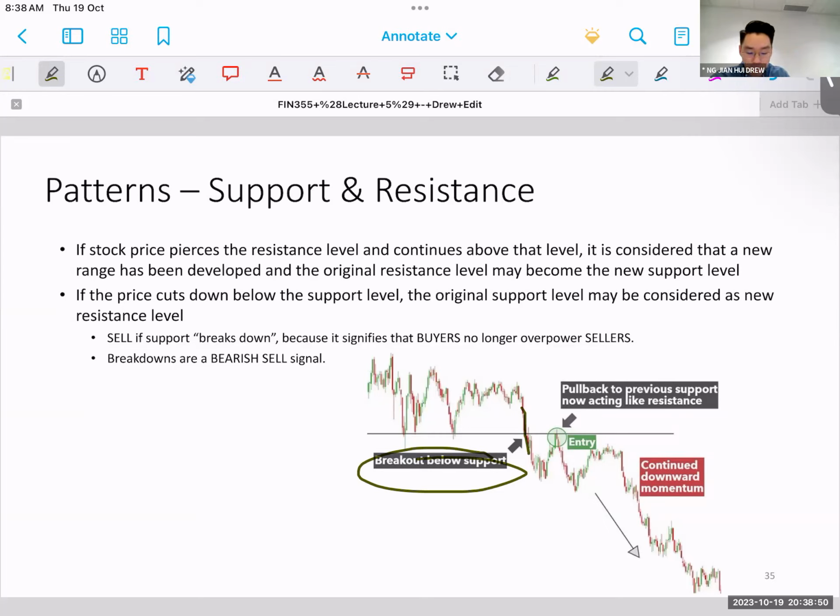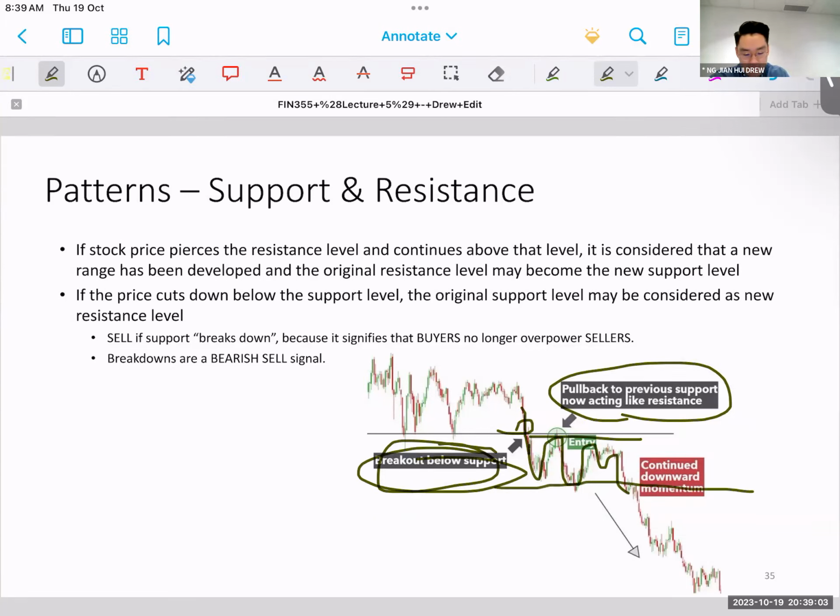So the support now becomes a new resistance level. Previously this was the support, but now it became a resistance, and it moved into this area here, right? And then this becomes the new support, and this is the resistance.